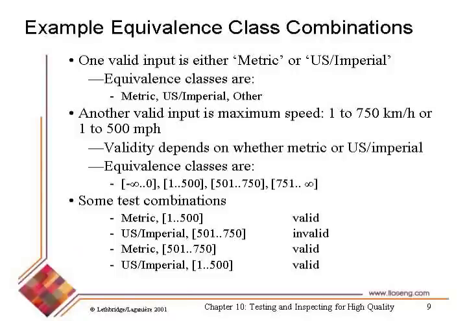Okay, and so then I can do some combination testing. For example, metric with a value in the range 1 to 500, US imperial in the range 501 to 750. Now this is a test where I know I expect this to be considered invalid data. And I have to check this combination, because 501 to 750 is valid for metric.